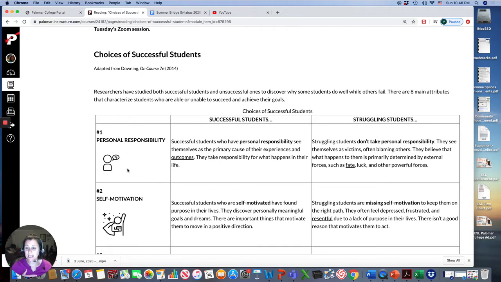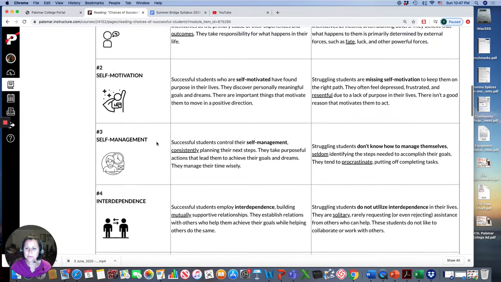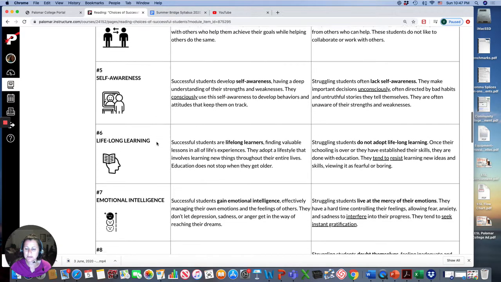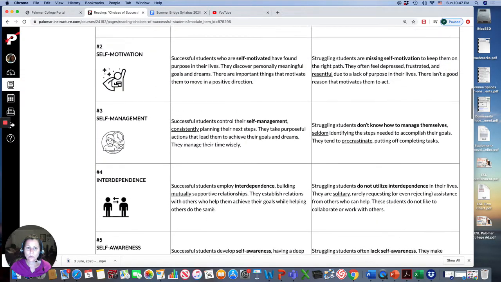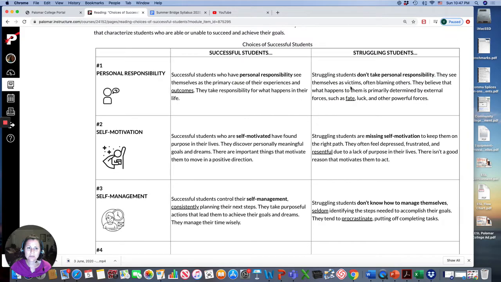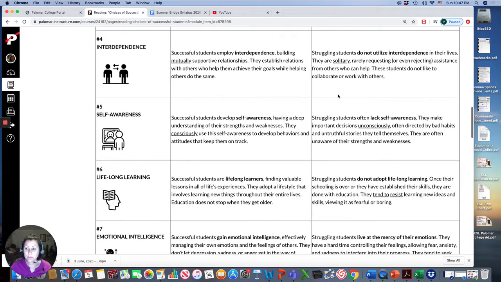That means they take responsibility for their actions, whereas struggling students don't take personal responsibility. So this text goes through 8 characteristics of successful students and what struggling students go through. So by Tuesday, read this over.